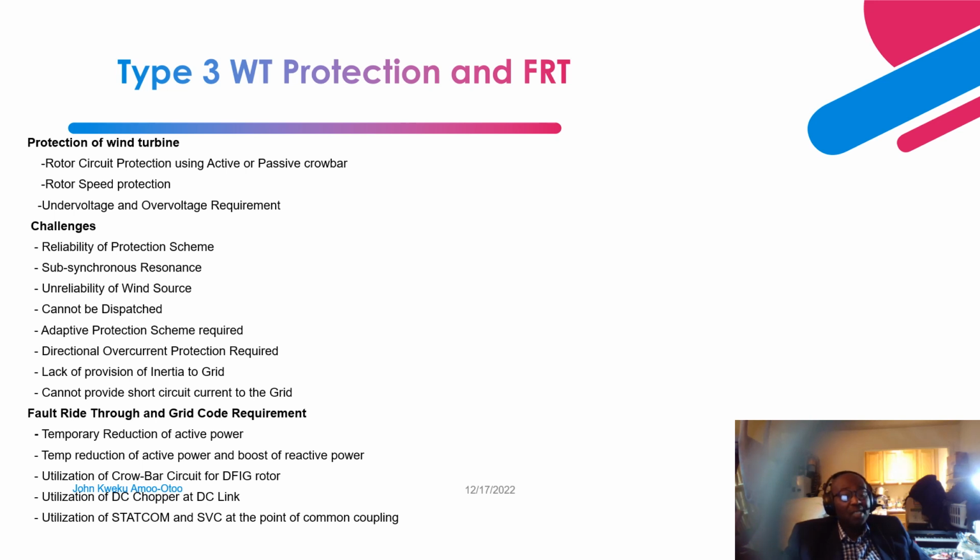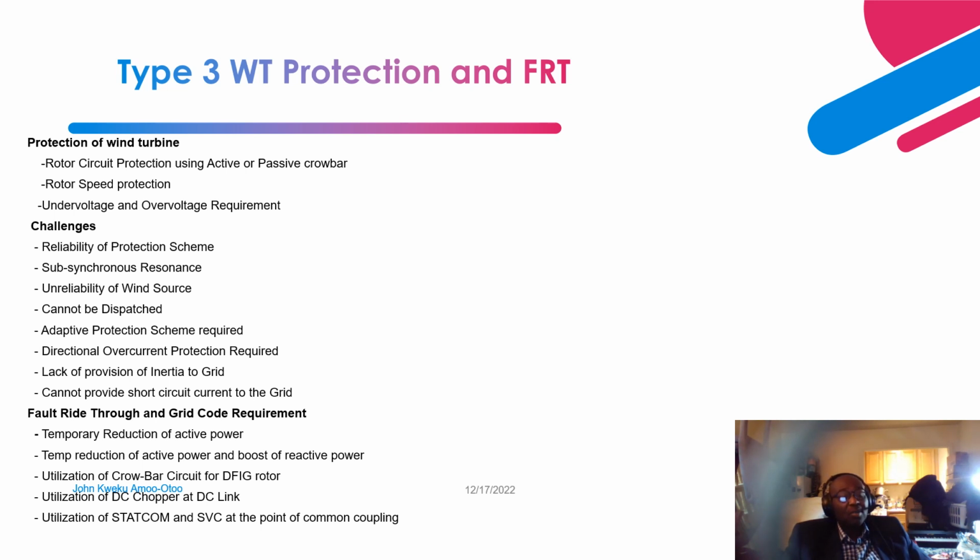Then you have a DC chopper, right? When an unbalanced fault occurs, it basically results in an unbalanced energy. That unbalanced energy on each side basically results in over voltage on the DC link. So how do you mitigate that over voltage? We use a DC chopper, right?